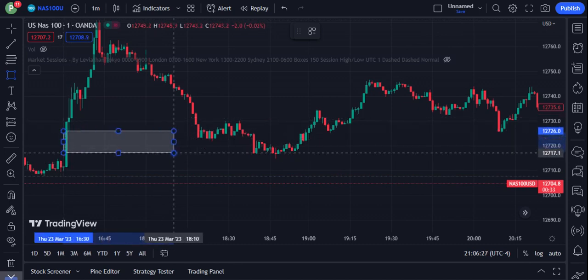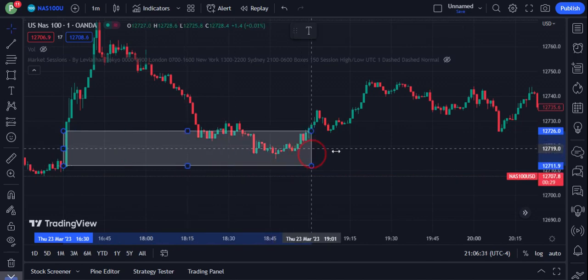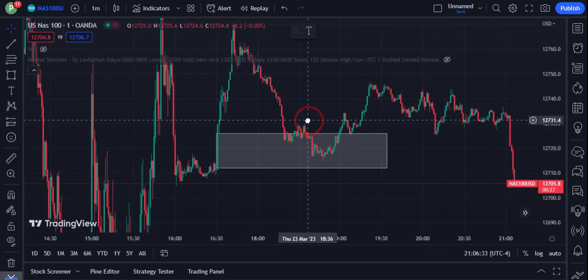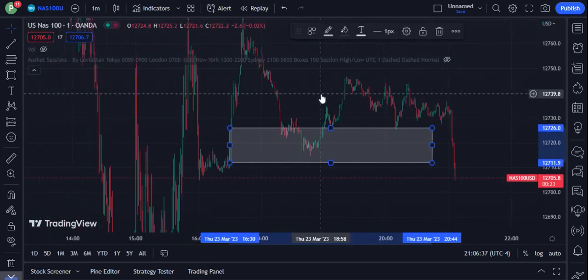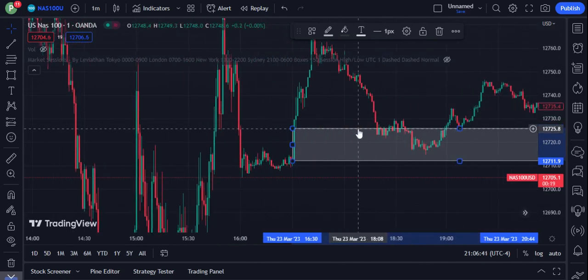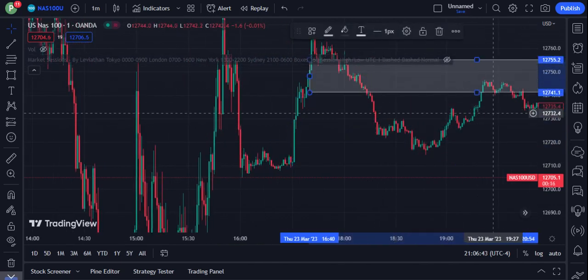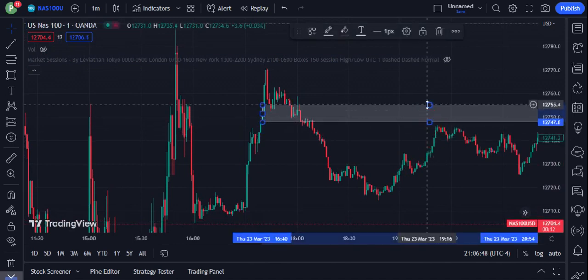So just a complete, right here, as you can see. That is a fair value gap. That is ICT's fair value gap. That is exactly what it is described as. All of these are fair value gaps, right here. But as you can see, they were broken.